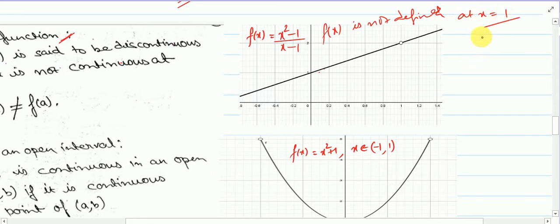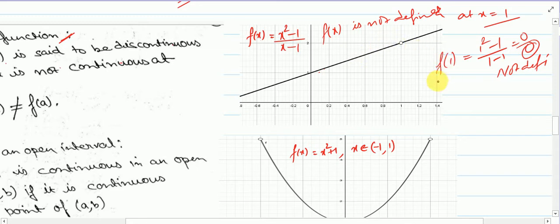Why is it not defined at x equal to 1? Because if I take f of 1, I will get (1 square minus 1) upon (1 minus 1), that is 0 by 0. The denominator is coming 0, so it is not defined.